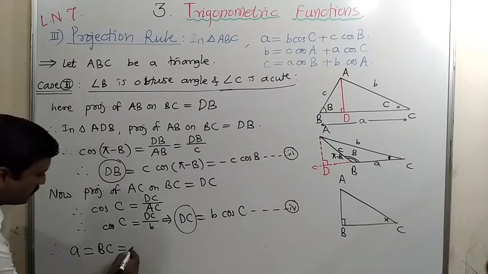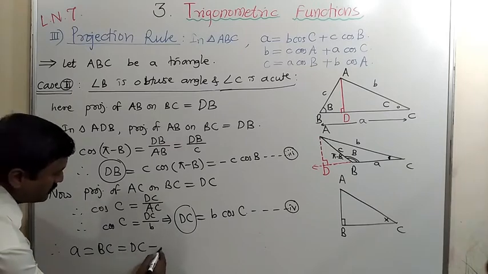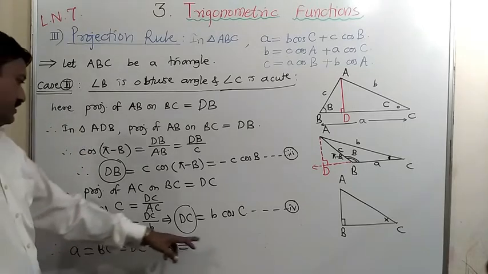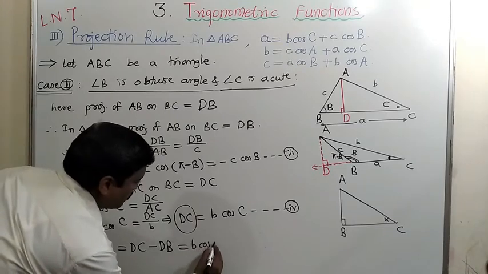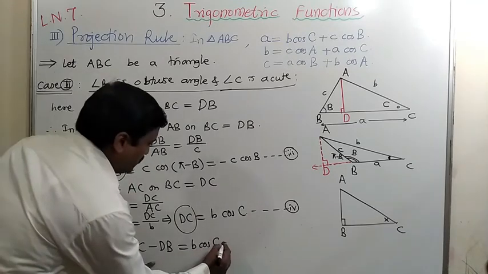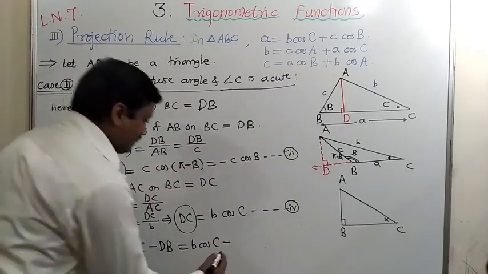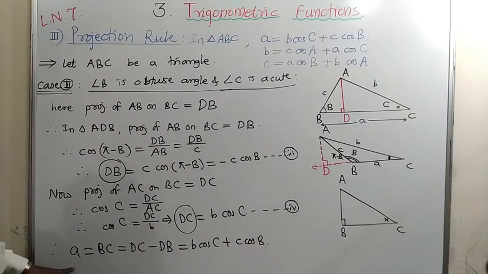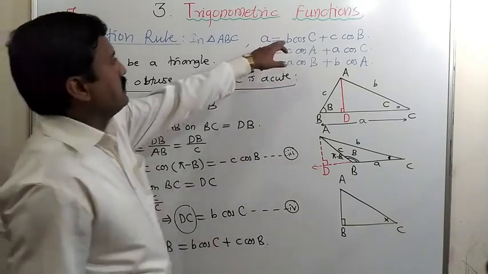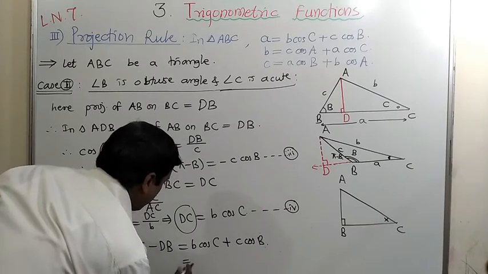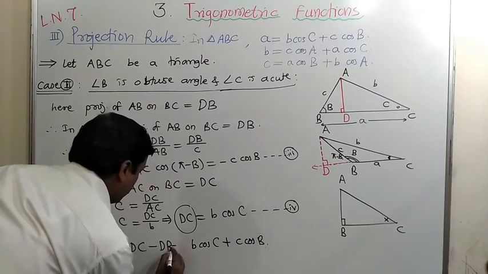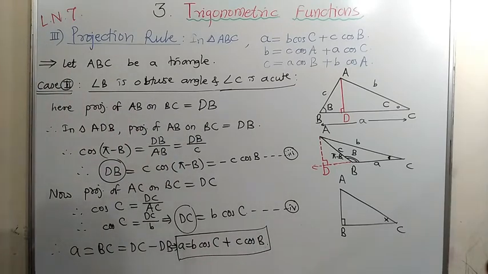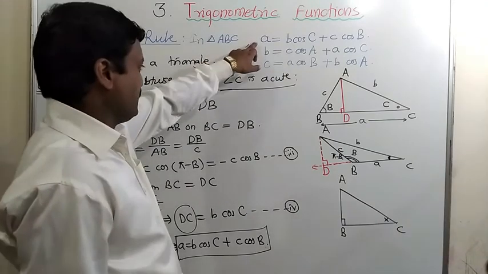So DC is b cos C from this fourth result, minus DB, and DB is minus c cos B. It becomes plus c cos B. So a is equal to b cos C plus c cos B. So this is the second way to obtain the same first result a.